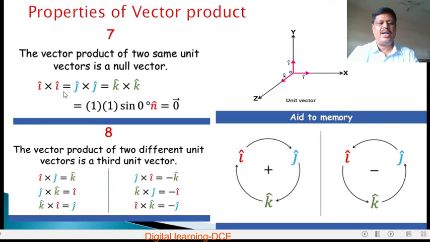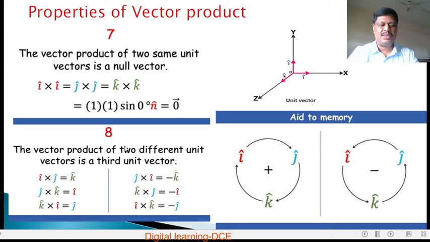The angle between i and i is 0, j and j is 0, k and k is 0. Sin 0 is 0, so 0 into anything is 0. Since it is a vector, it is called a zero vector or null vector. Therefore, the vector product of two same unit vectors is a null vector.